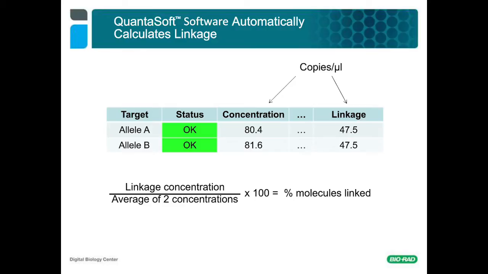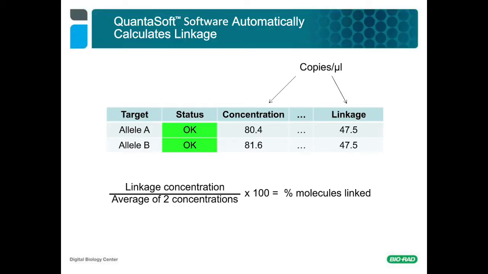Conveniently, every time a duplex reaction is run using Bio-Rad's platform, QuantaSoft automatically calculates whether linkage exists between the two targets and reports the concentration of linked molecules in the linkage column. Both concentration and linkage column values are reported in copies per microliter.